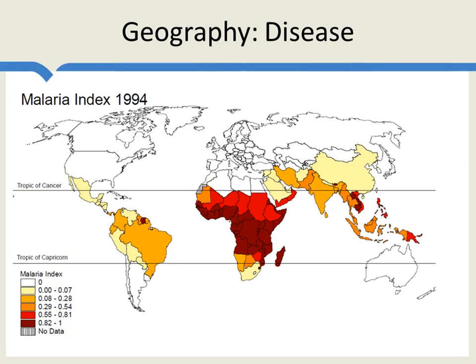Instead, this is an index of where malaria breeds, where the temperature and the water conditions are such as to make the mosquitoes, which transmit the malaria, really very prevalent. And it's where malaria likes to be. And where malaria likes to be is in the equatorial regions, particularly in Africa, but also in Asia and in South America.